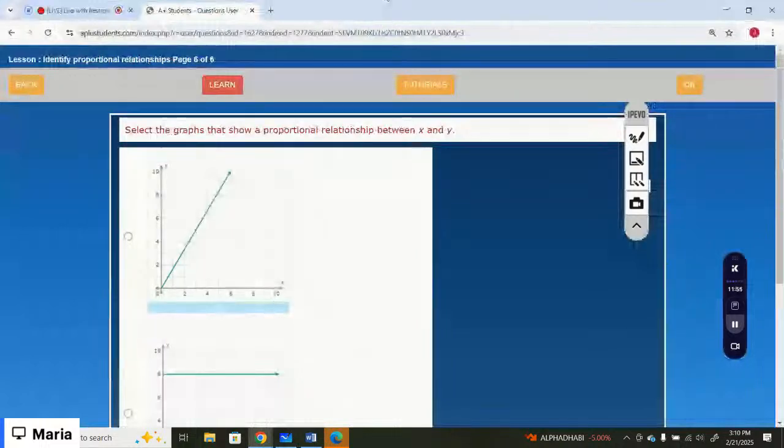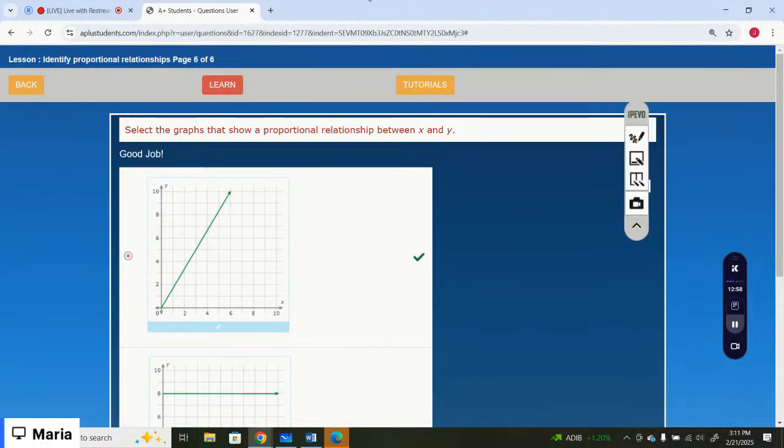Select the graph that shows a relationship between x and y. Option number one is the correct option, that is a straight line passing through the origin.